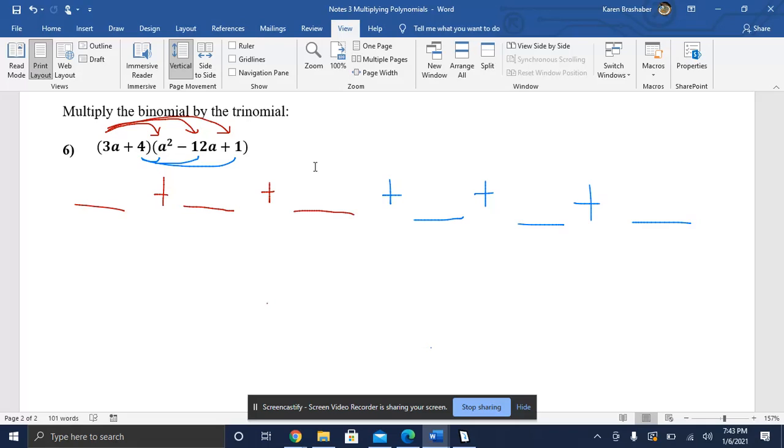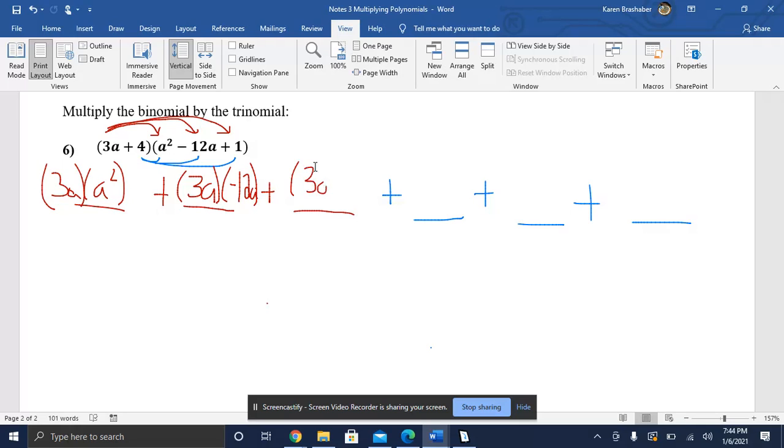So I'll start with 3a multiplied by a to the second, then 3a multiplied by negative 12a, and I'll be taking 3a and multiplying that by 1.